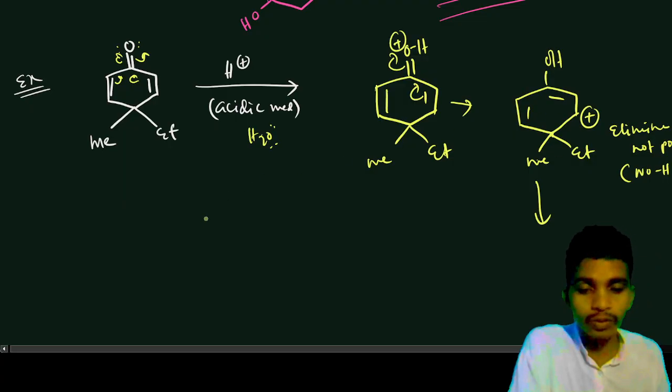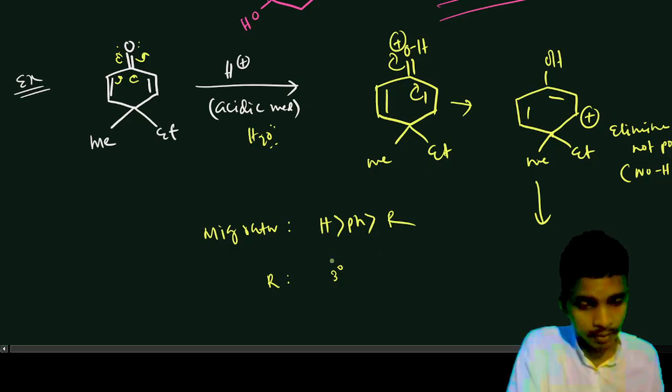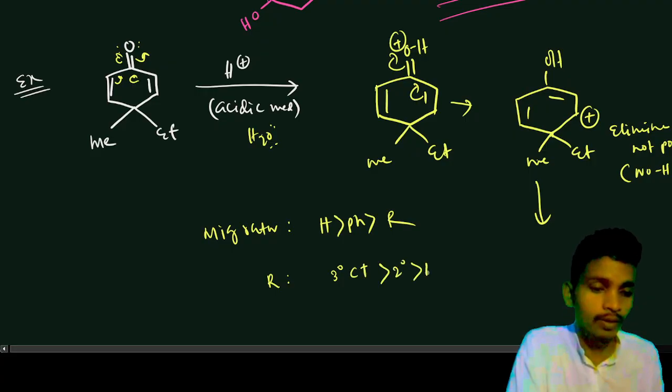So migratory aptitude, what I said is: first hydrogen, then phenyl, then alkyl groups. And for alkyl groups, the order is: the 3 degree carbocation-forming group migrates first, then 2 degree, then 1 degree.